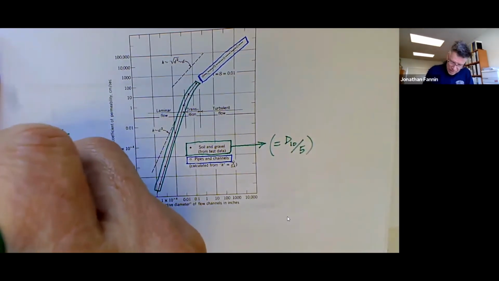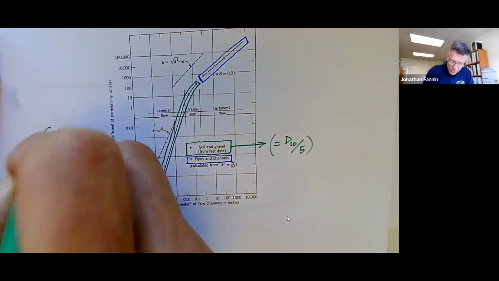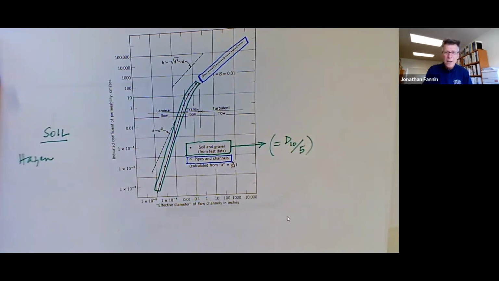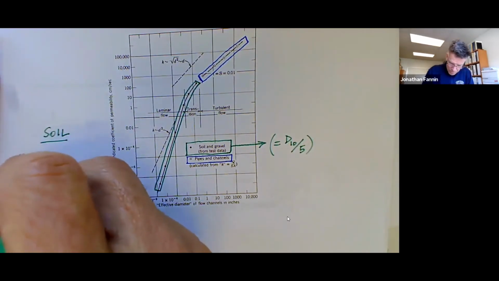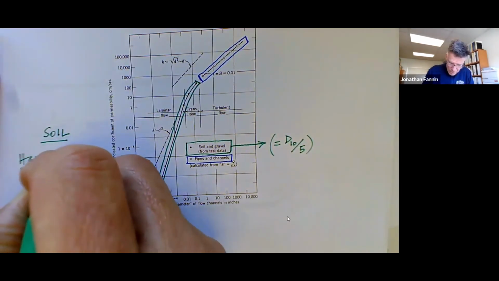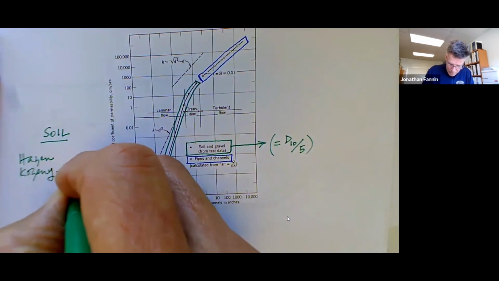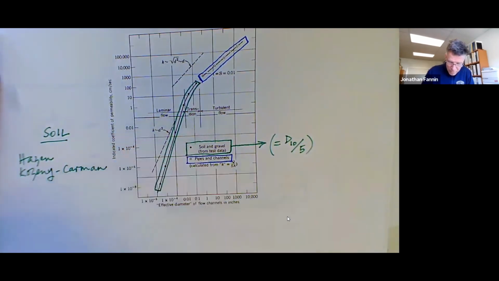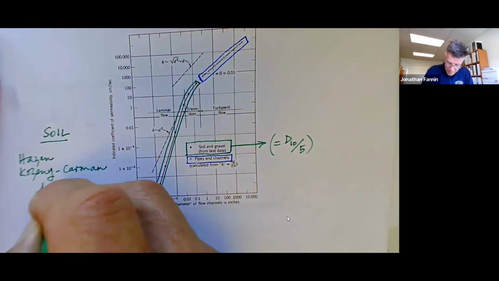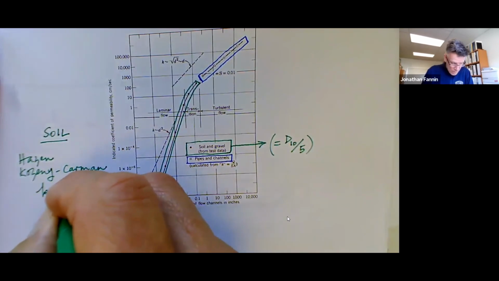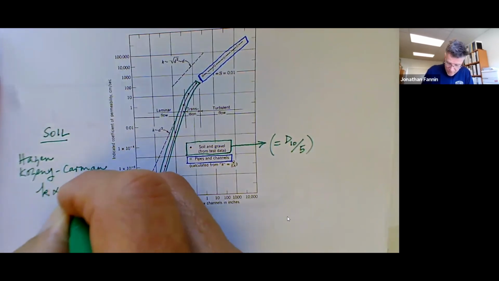And both Hazen, I don't remember the year for Hazen, but it's way up in the early 1900s, and Kozeny was a contemporary of Terzaghi's, the Kozeny-Carman equation. They both have K proportional to D squared.